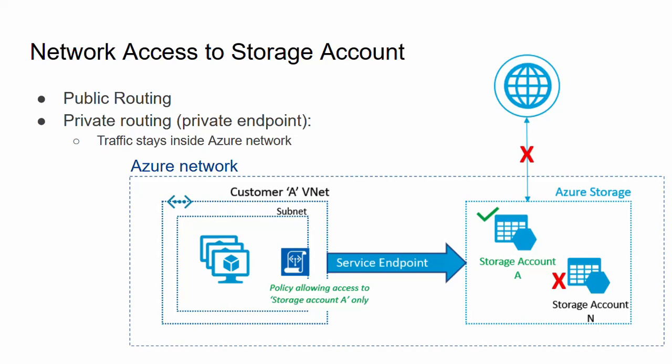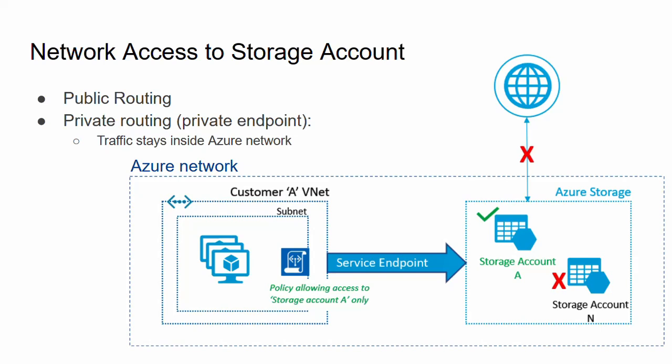So what you can do is define your storage account access inside the Microsoft backbone so that your virtual network will access the secure storage account inside the Microsoft backbone.